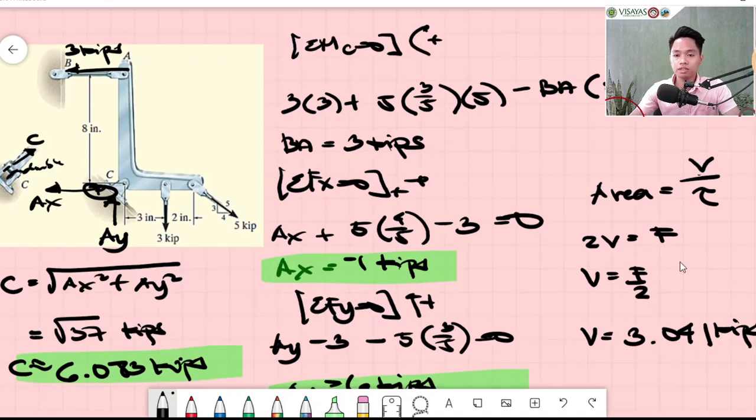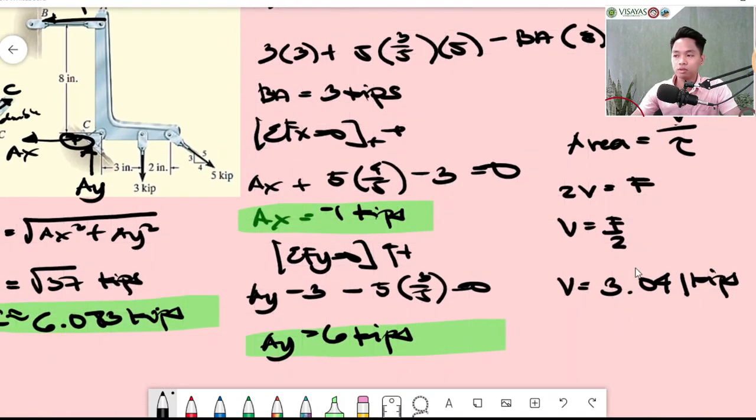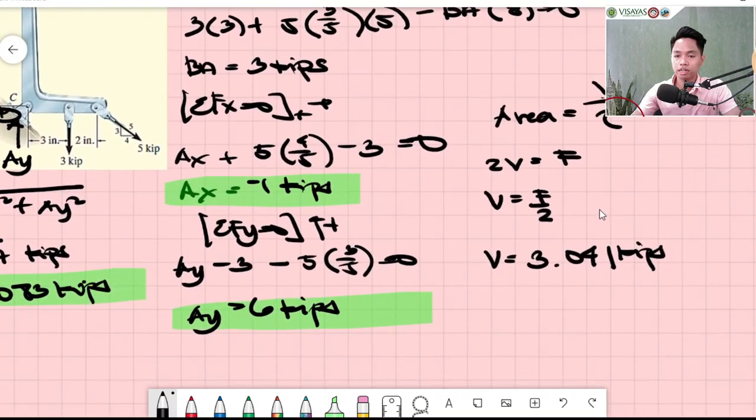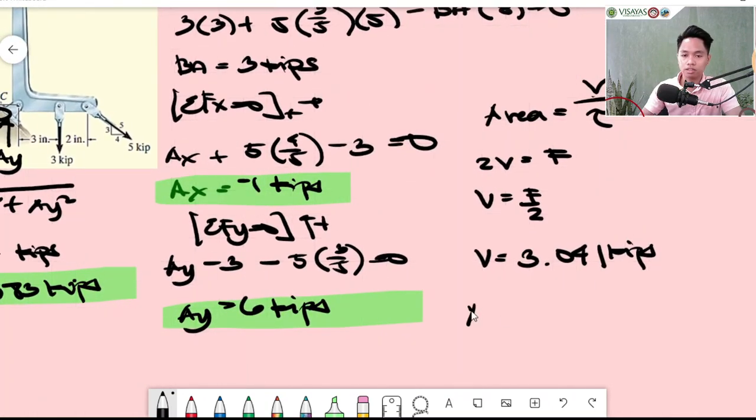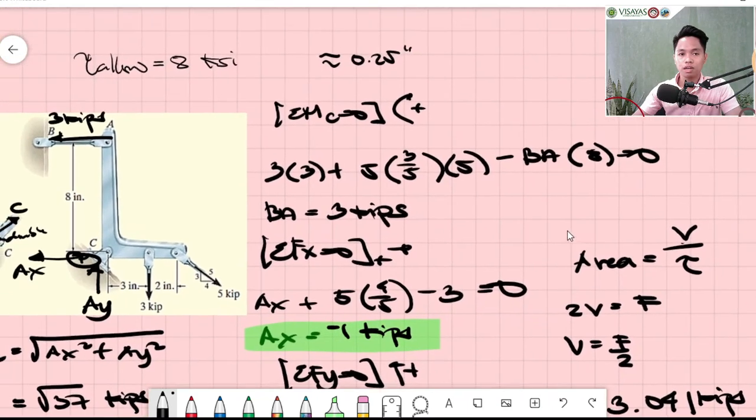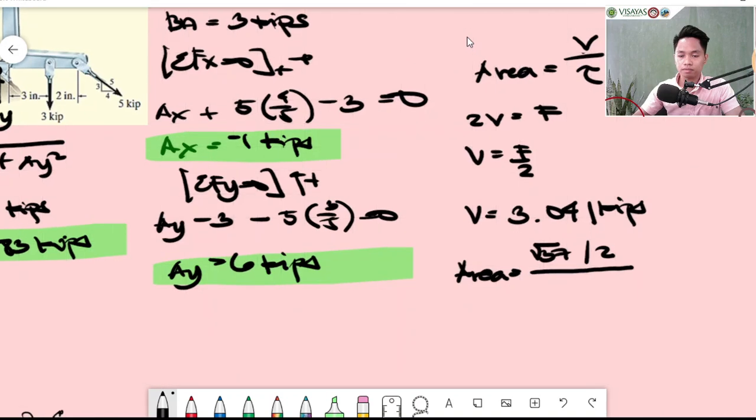So, this is our internal shear that we will use. We can now design the area. Now, what is our area? We have 3.041, the exact value is equal to the square root of 37 over 2, which is the whole shear. Then, what is our allowable shear stress? That is 8 KSI, 8 kips per square inch.